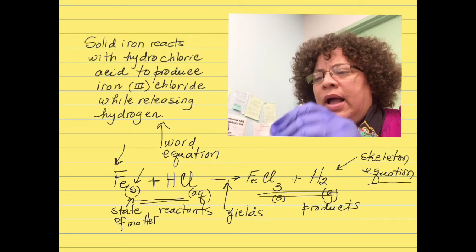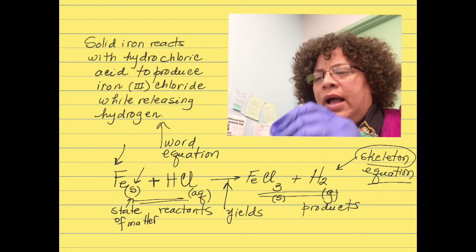So you have the symbol of the element or compound, you have the stoichiometry, you have the arrow that means yields, and you have the products represented in your skeleton equation. Why a skeleton equation? What is a skeleton equation?